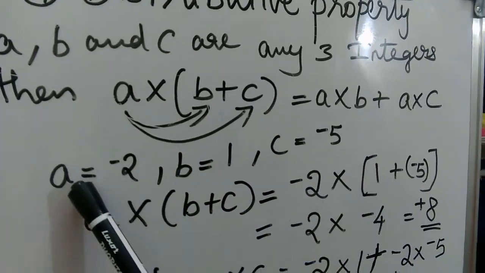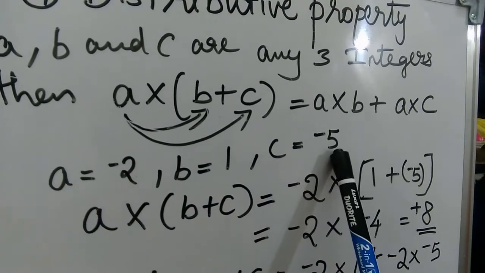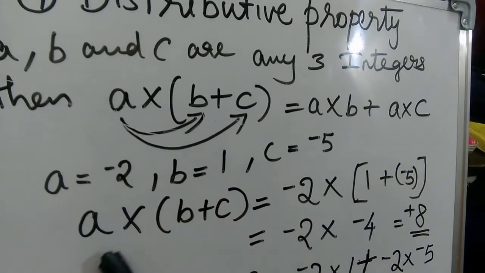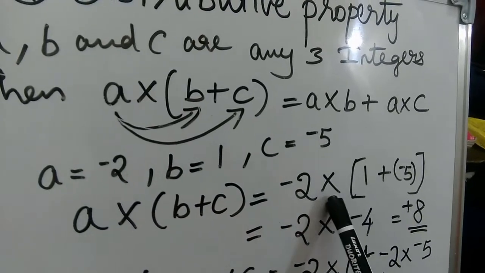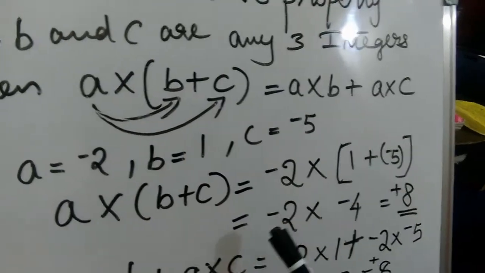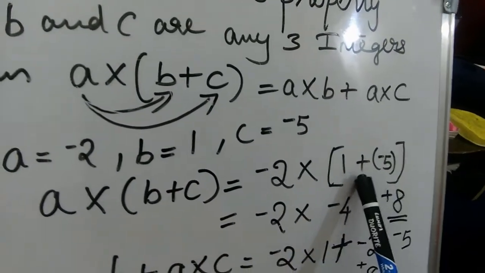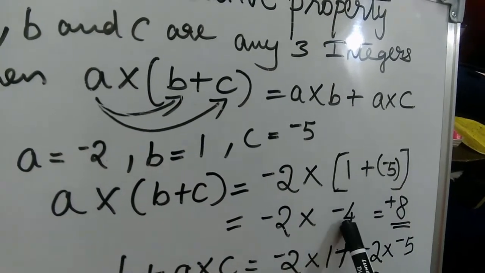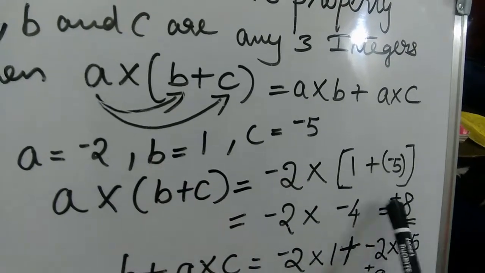Now we can take the example, a equal to -2, b equal to 1, c equal to -5. Then LHS, left hand side, a into (b plus c) equal to, here a is -2 into, b is 1 plus c is -5. So we will get -2 into, here 1 plus -5, we will get -4. So -2 into -4, 8, positive 8.